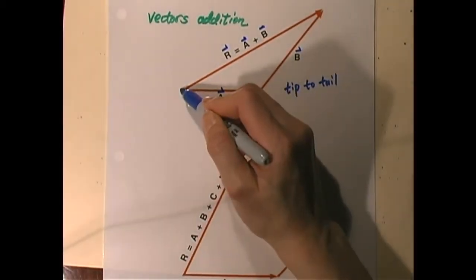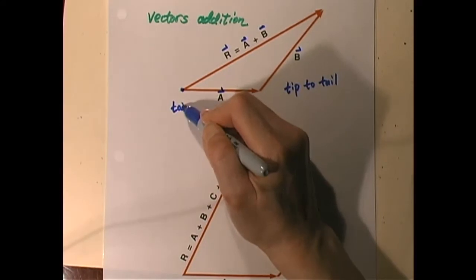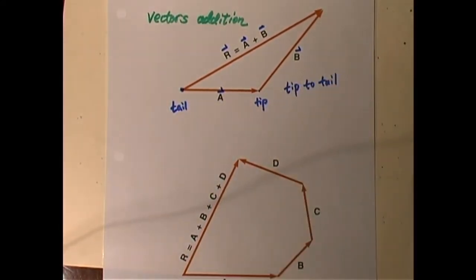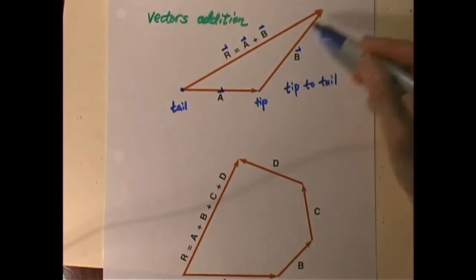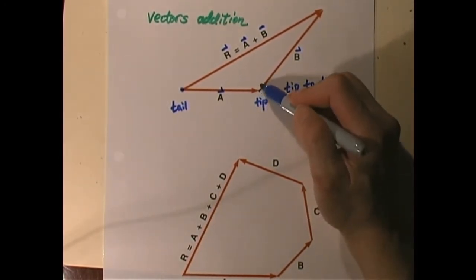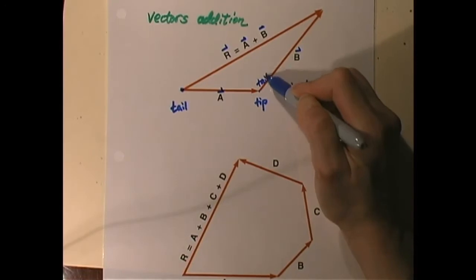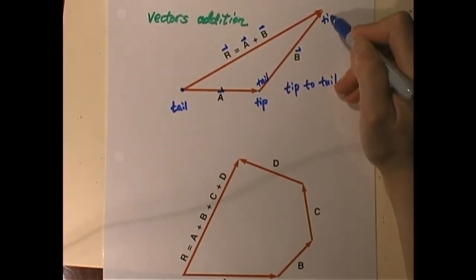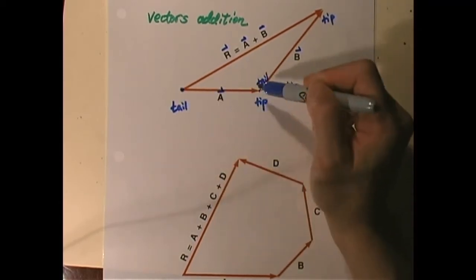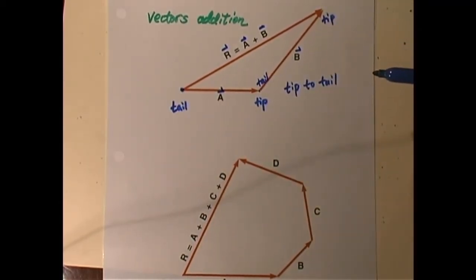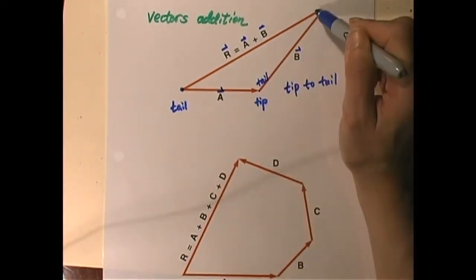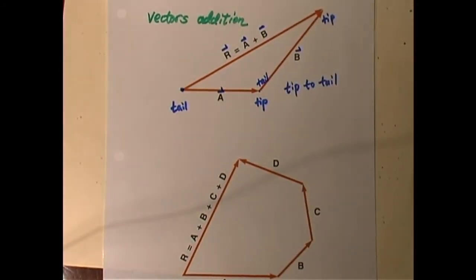This is the tail of A, and this is the tip of A. And we line up B's tail with A's tip, and this is B's tip. So tail to tip, and after that, the resultant is from the first one's tail to the last one's tip. That gives us the resultant A plus B.